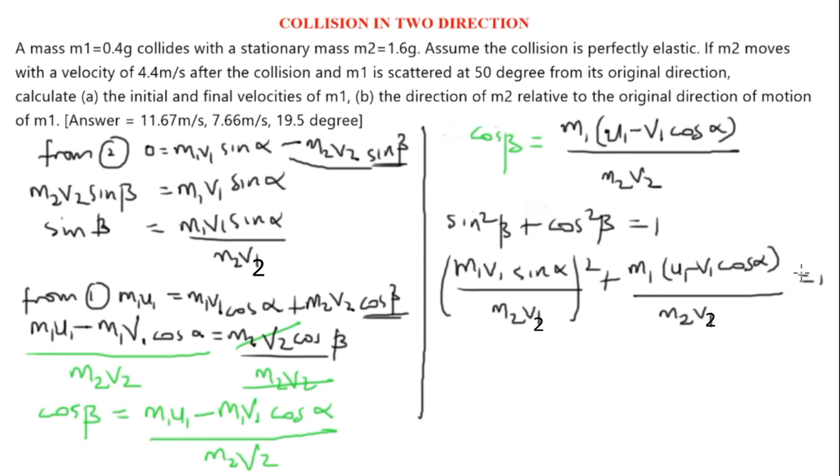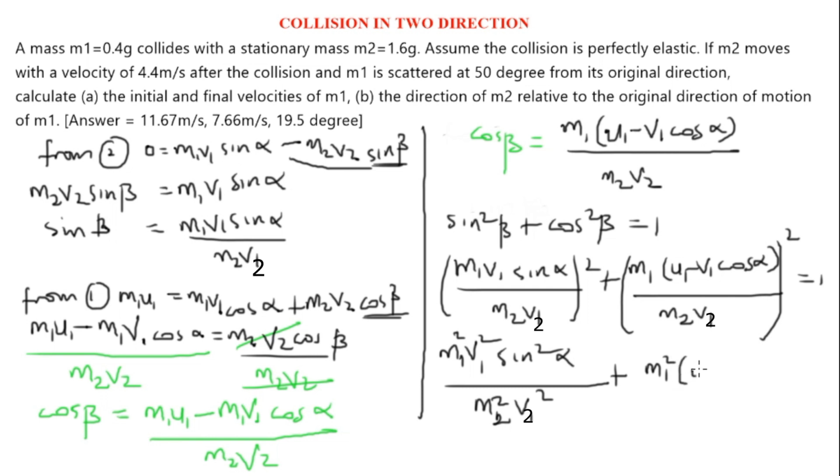They are all equal to 1, so I just have to square this. Now if I square that, I should have m1 squared v1 squared sine squared alpha over m2 squared v2 squared, plus m1 squared times u1 minus v1 cos alpha squared over m2 squared v2 squared.